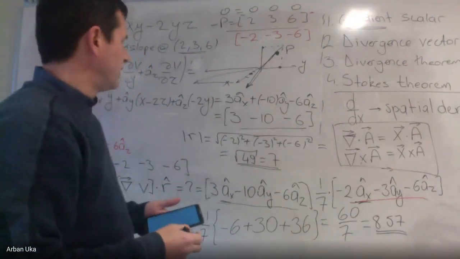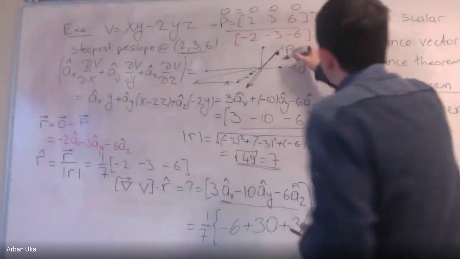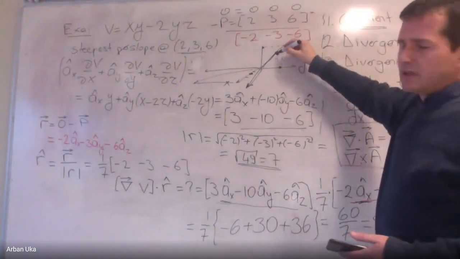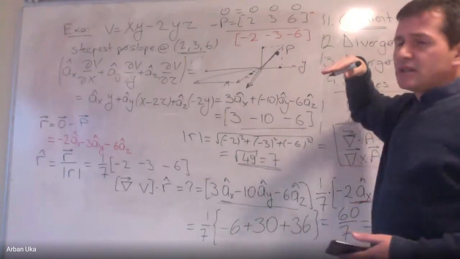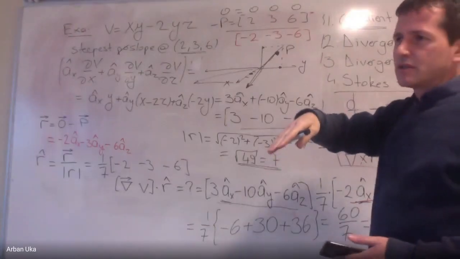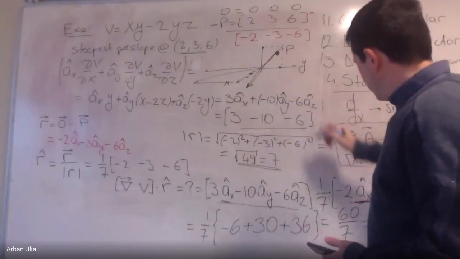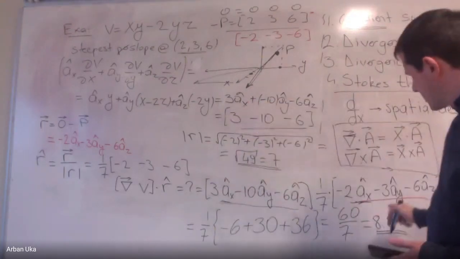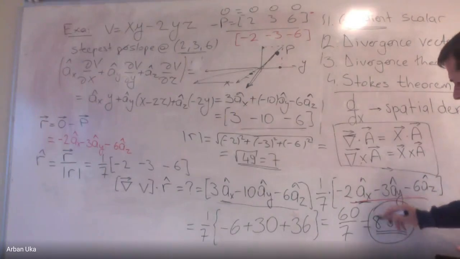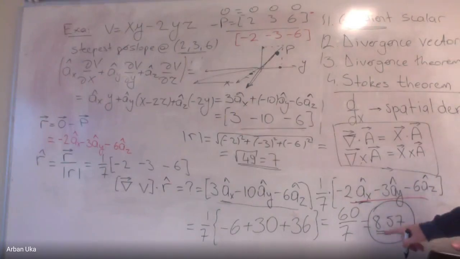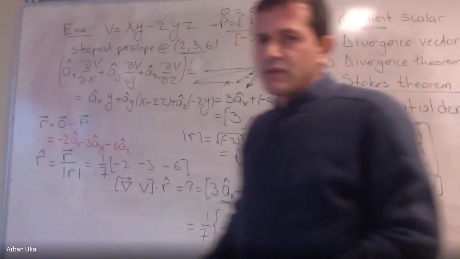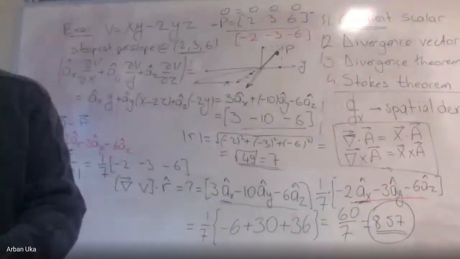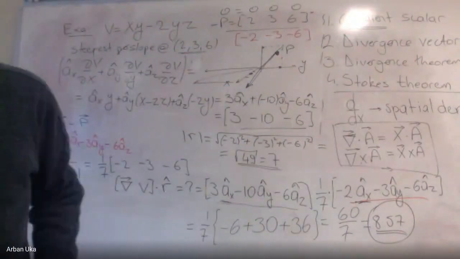We get 12. So at this point P, the highest slope is like 12. But along the origin it's something smaller, which drops from something like 12 down to 8.57. So this is what we interpret with the change or with the slopes.